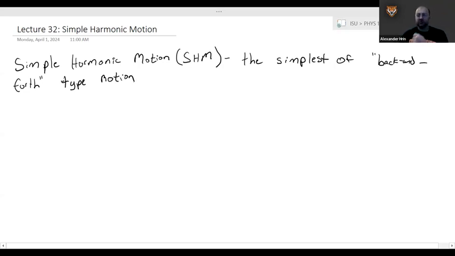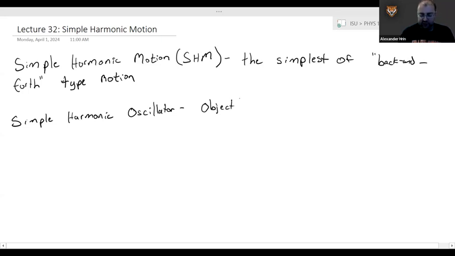Now, another term I'm going to introduce, just so we can see what's going on here, is a simple harmonic oscillator. A simple harmonic oscillator is an object, or in general more of a system, that undergoes SHM.